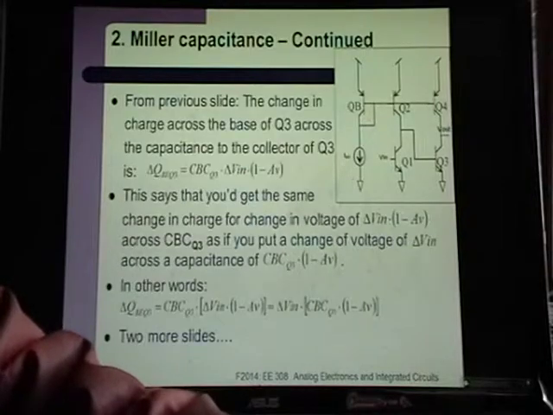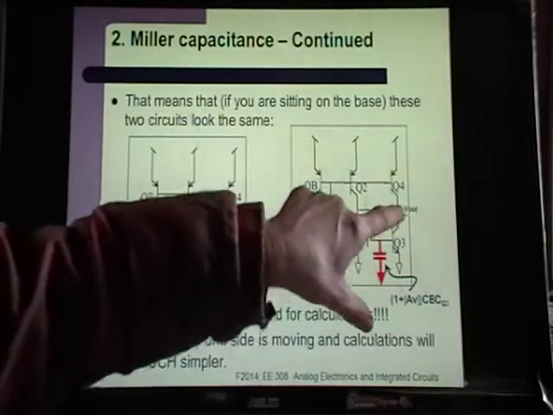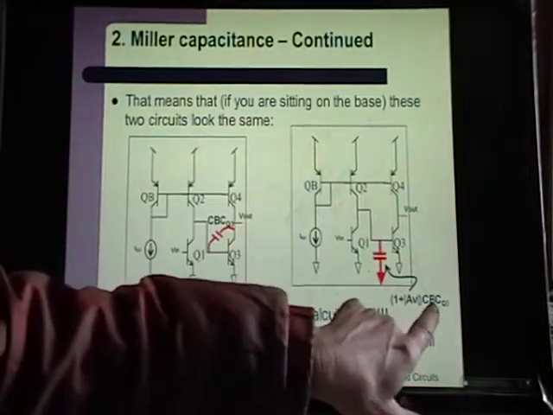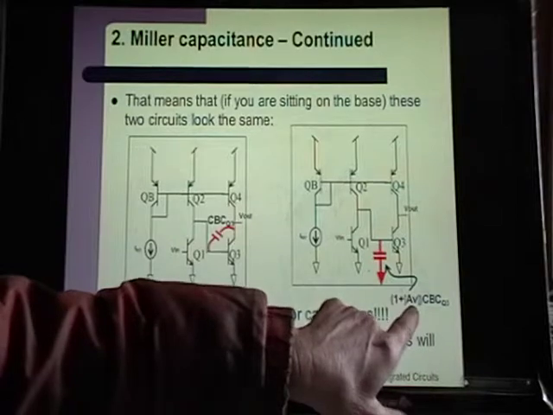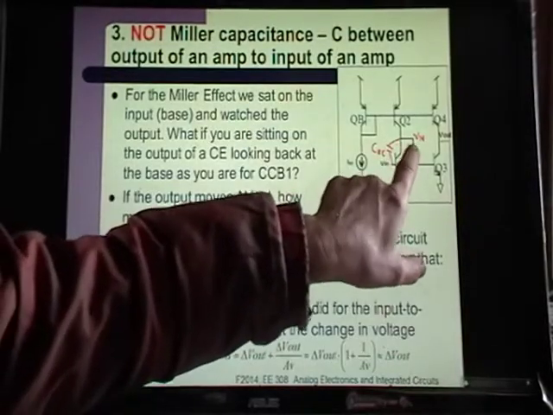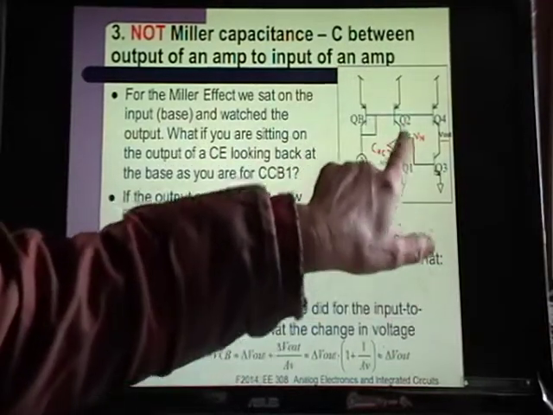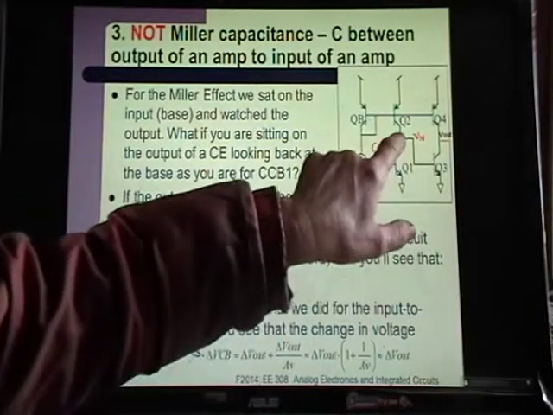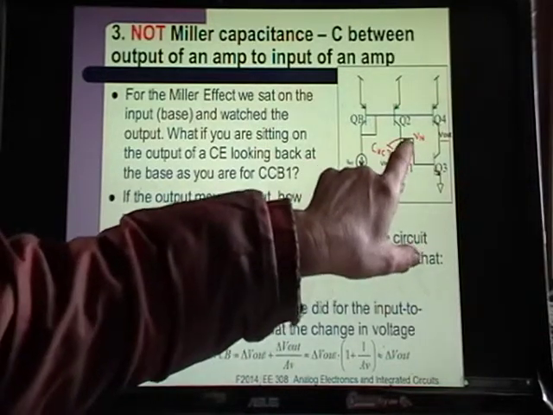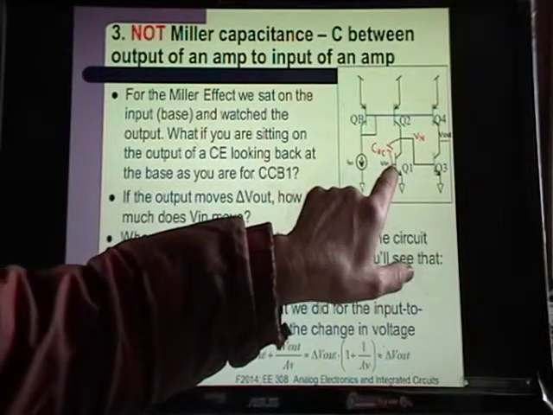The second case is this Miller case, where you can ignore this capacitance, but add a capacitance down to ground and multiply it by 1 plus the absolute value of AV. Now we're on to the third, which is where you're on Vn and you're looking backwards. You're on the output of an amplifier, and you're looking back to the input. You have a capacitance between the output of that amplifier back to the input. Then you have that first case again, where the other side is basically ground.